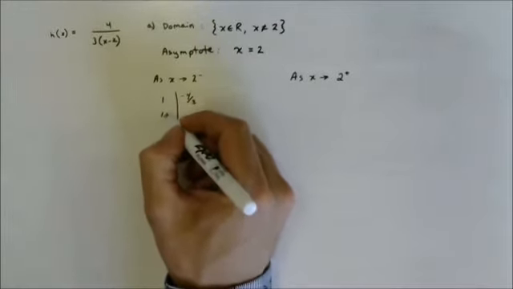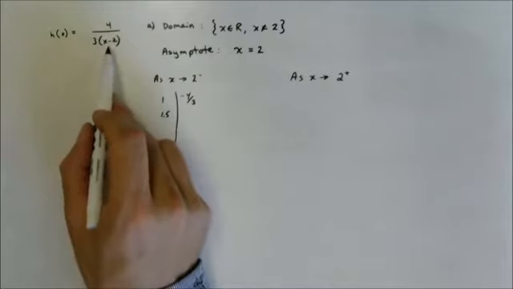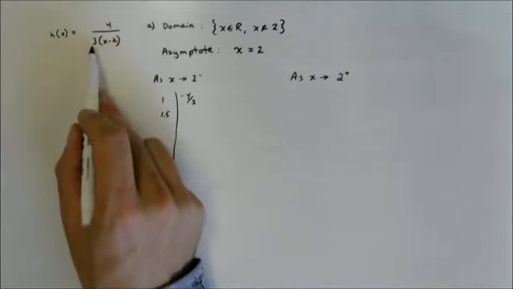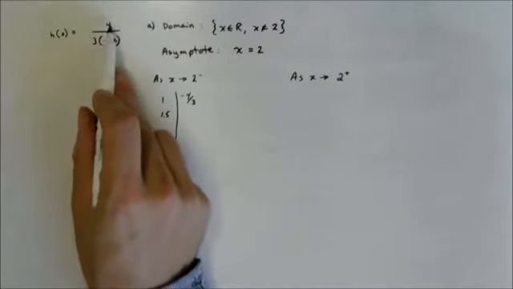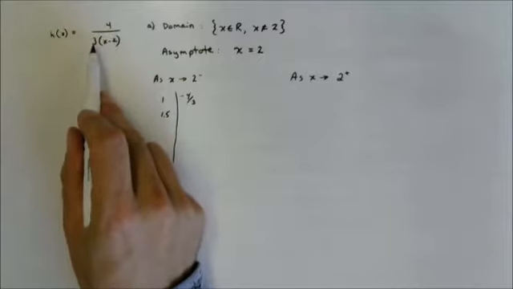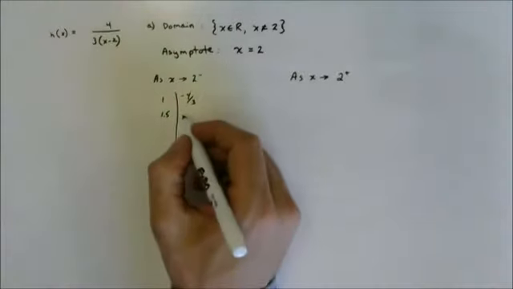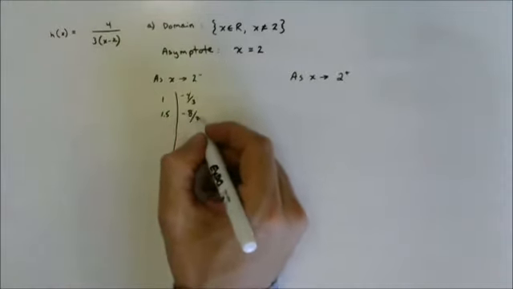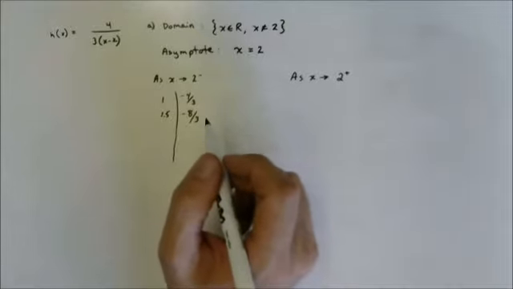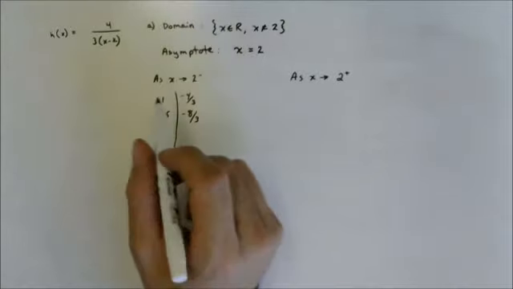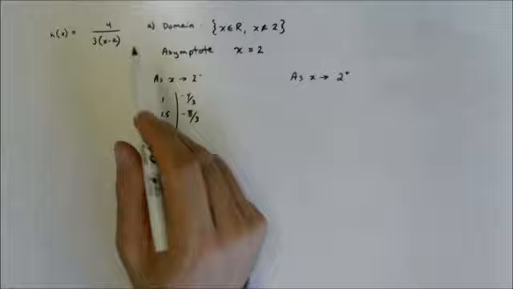What if we sub in 1.5? We end up with 4 over 1.5, which is 8 over 3, and it's negative 8/3. Is that true? Yes.